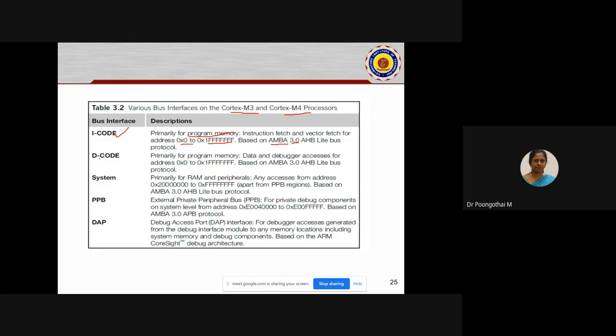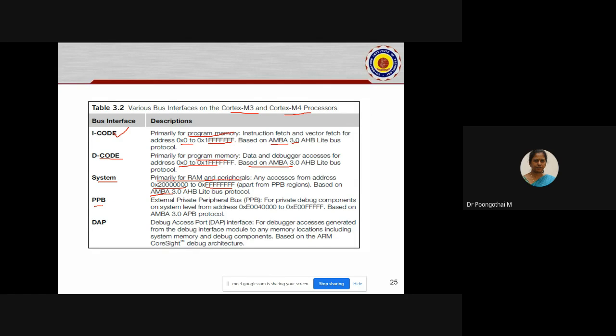D-Code is also for program memory, with the same address range, and it is based on AMBA 3.0. The system interface is mainly for RAM and peripherals, with address range from 2000 0000, based on the AMBA bus.